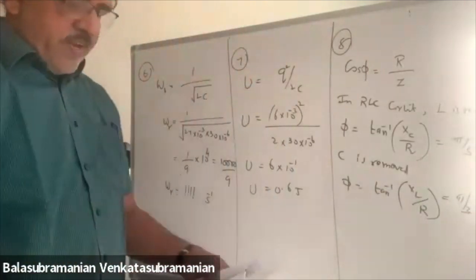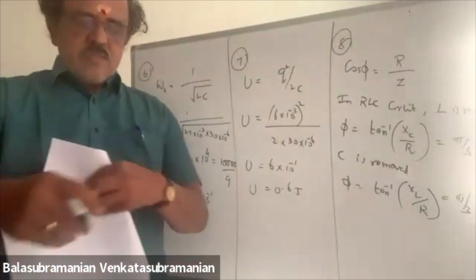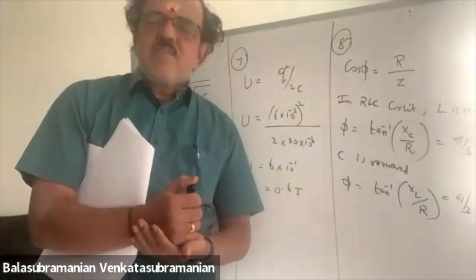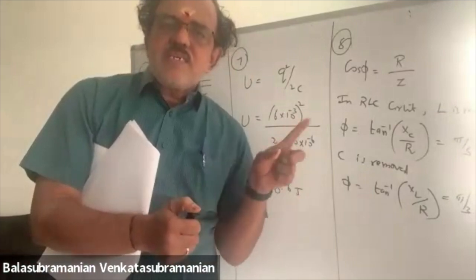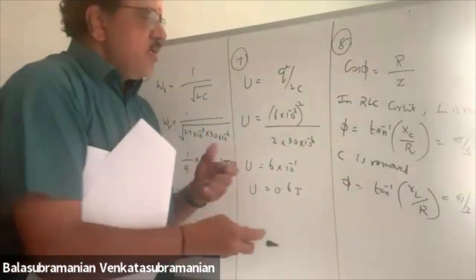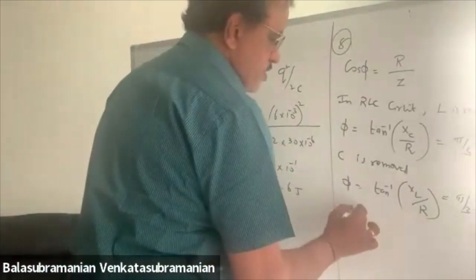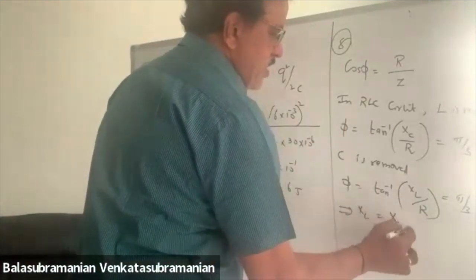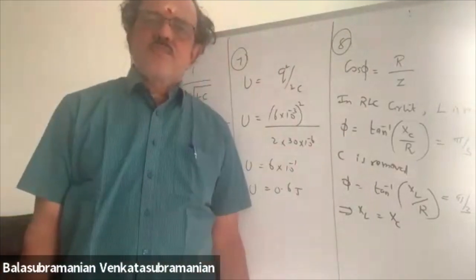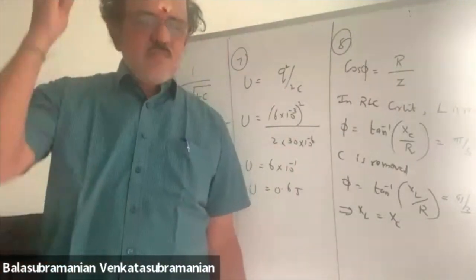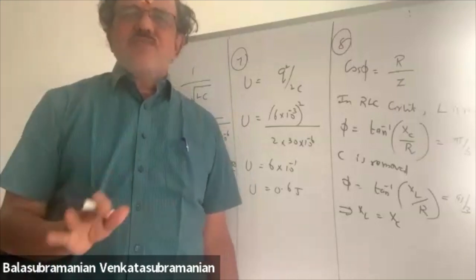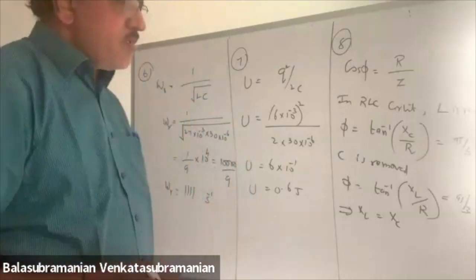So, phase angle is same. Phase angle same means the resistance offered by the inductance and the capacitance both are equal. That means here XL is equal to XC. Tan 60, pi by 3 means tan 60. Root 3. Both cases root 3. So we need not worry about it. What is phi value?